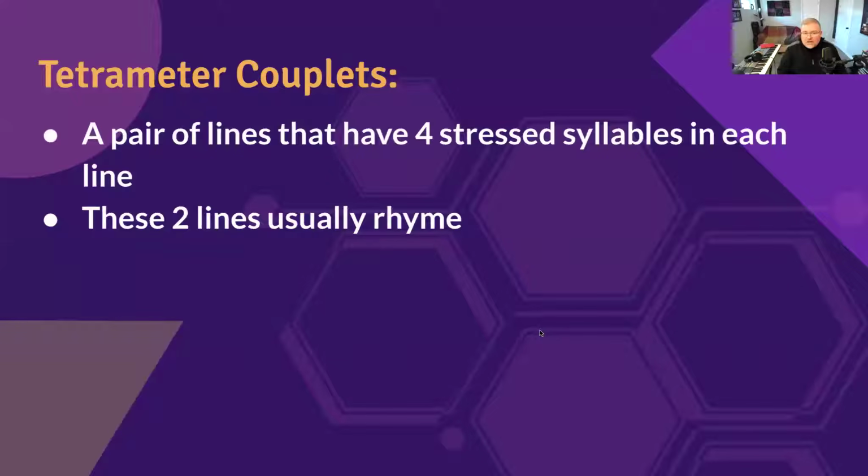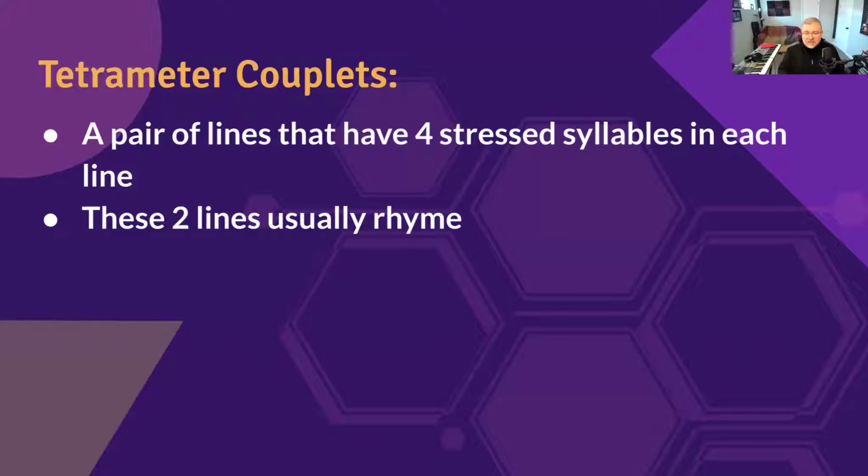So what we're going to talk about today is common tetrameter couplets. What does tetrameter mean? Tetrameter means 4 stressed syllables. So when we have a tetrameter couplet, that means we have 2 lines that each have 4 stressed syllables in each line.